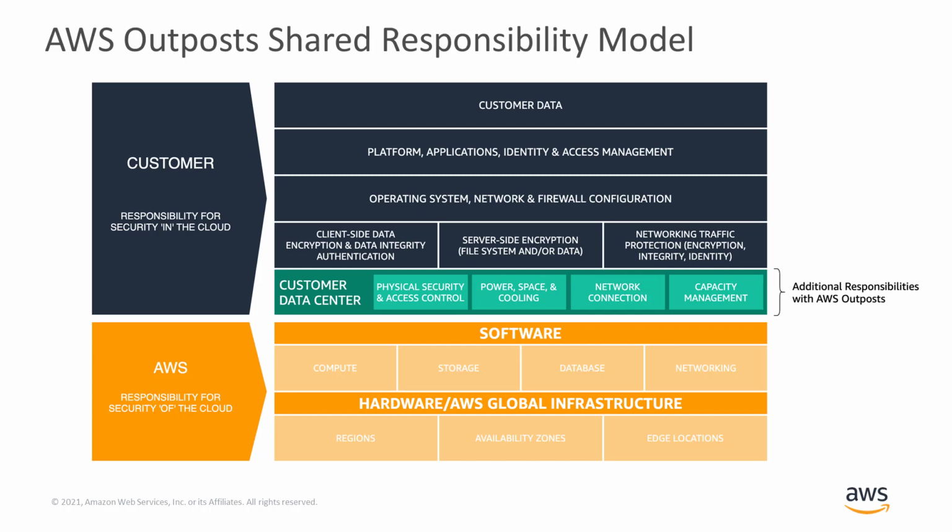And when you deploy the Outpost service into your facility, you take on some extra responsibilities because some things are now out of our control and are now, frankly, in your control. Things like physical security and access control. When it's in our data centers, we're responsible for physical security and access control. When it's in your data centers, you're responsible for the attestation that this infrastructure has been deployed within a secure facility.